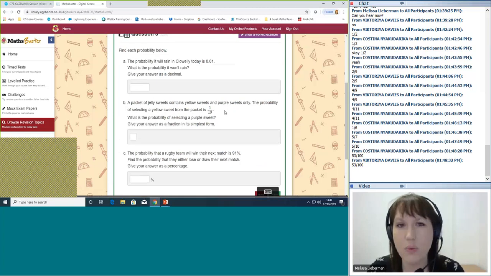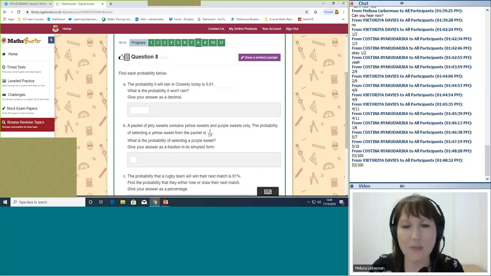So for part A, we're told that the probability that it's going to rain in Clovelly is 0.01. What's the probability that it won't rain? We're supposed to give our answer as a decimal. So what we need to do here is work out 1 subtract 0.01. Now, it says you can use a calculator, but you can probably do this in your head. It's a little bit like 100 minus 1.